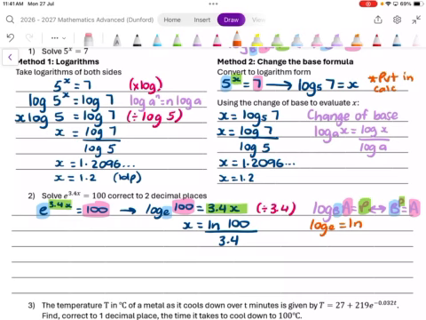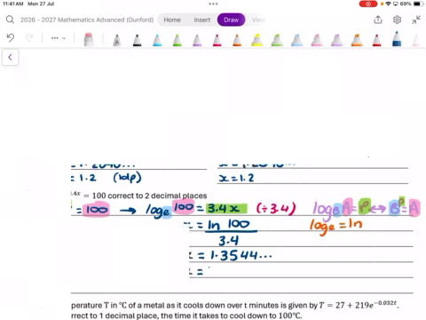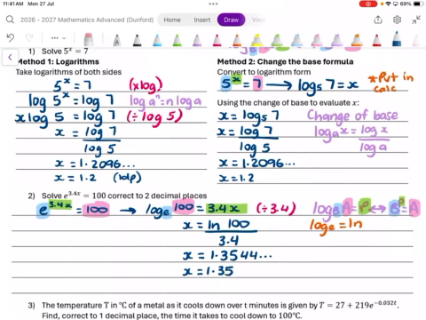We then put that into our calculator, so we get x equals 1.3544... So to 2 decimal places, our answer is 1.35.